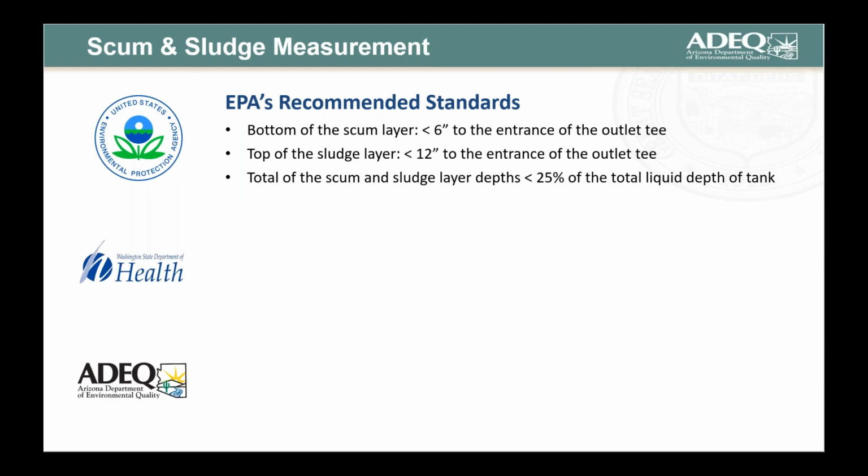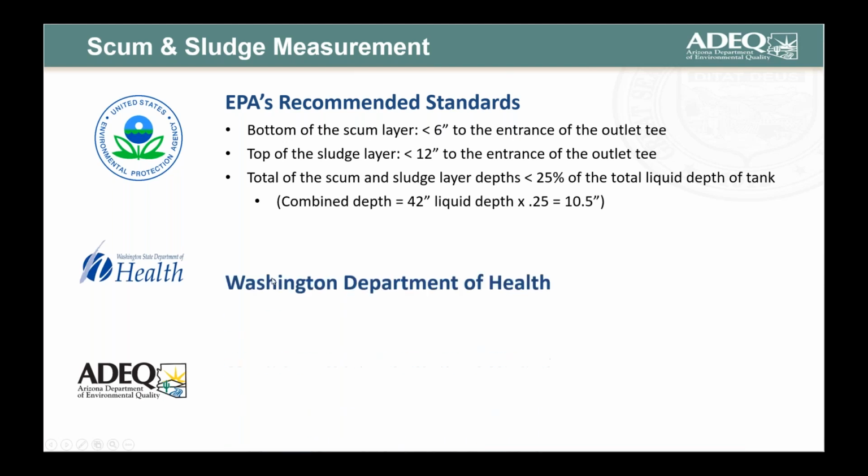Now, I've got a little schematic here. We'll look at that besides just looking at this text. And here, in Arizona, it happens to be 42 inches, so 42 inches times 25%, 10.5 inches. So that's the EPA's recommendation.